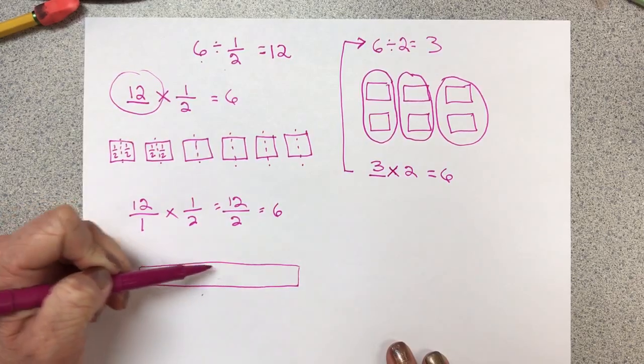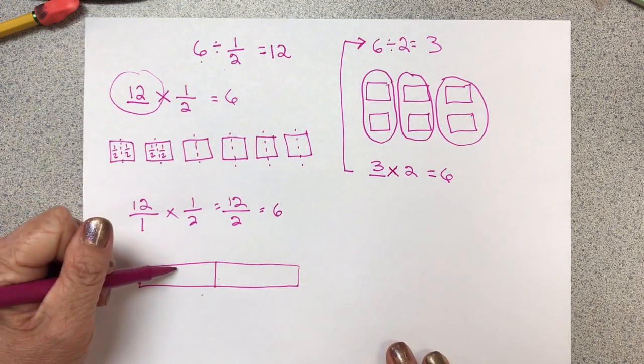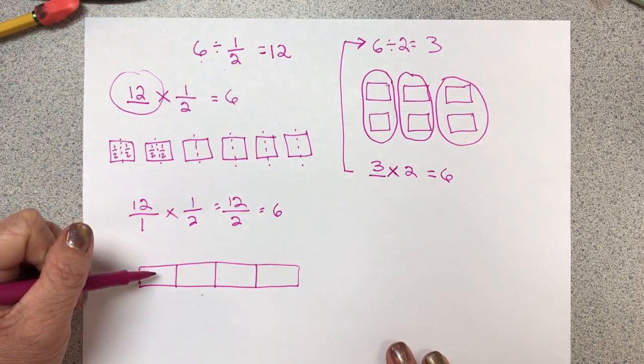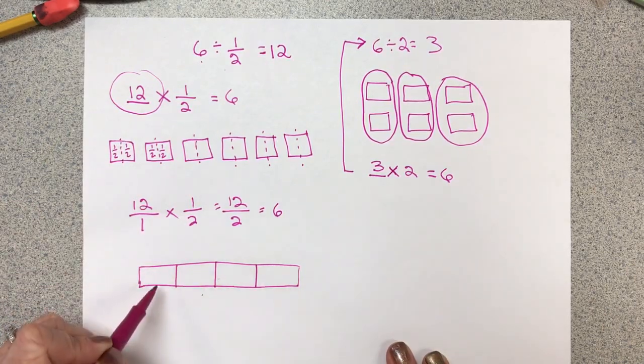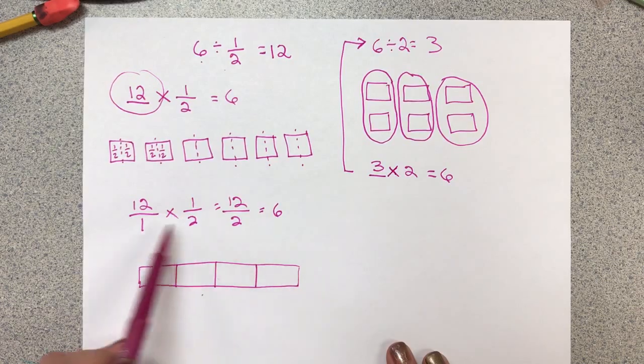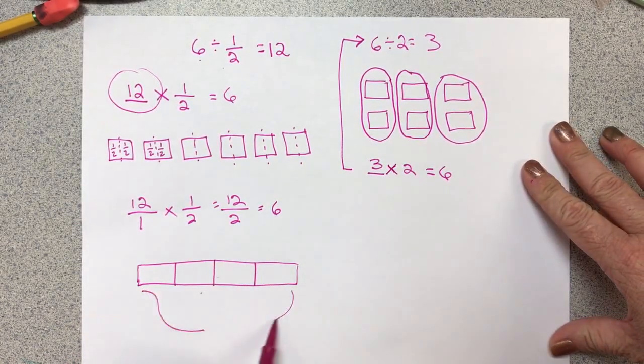What if we divide this up into, okay, so now we have fourths, right? So we have 2 yards, and actually we should probably make this 1 yard.